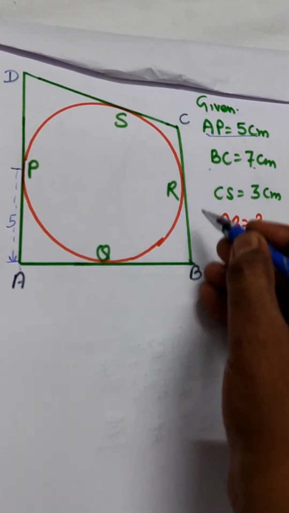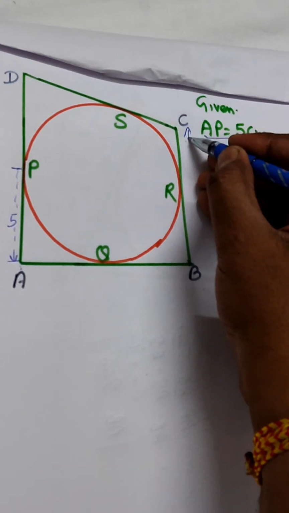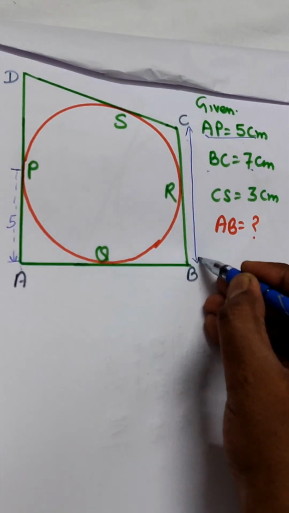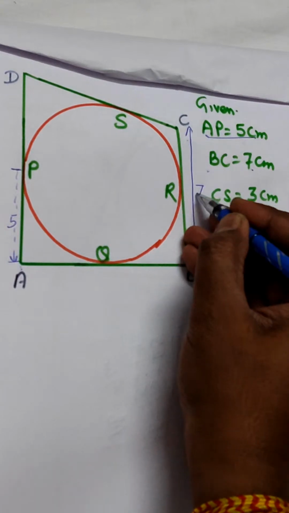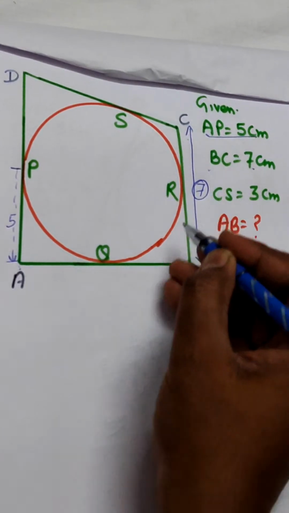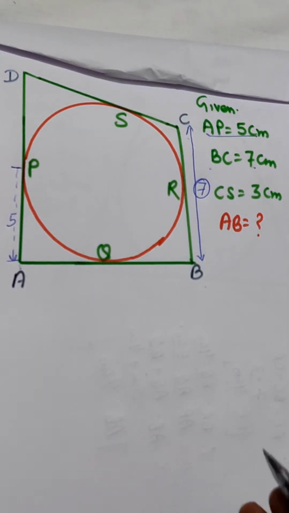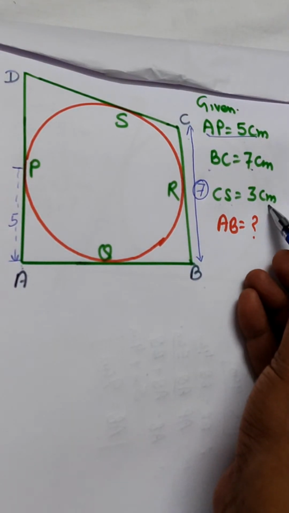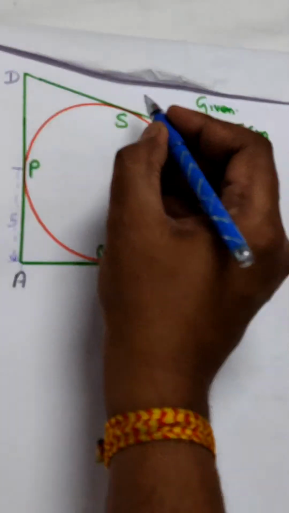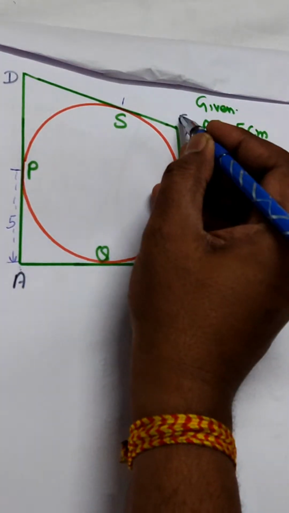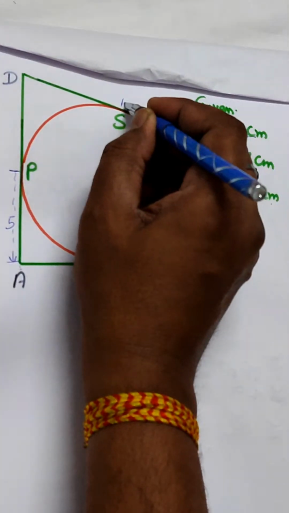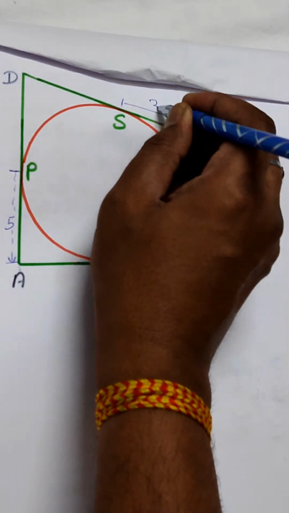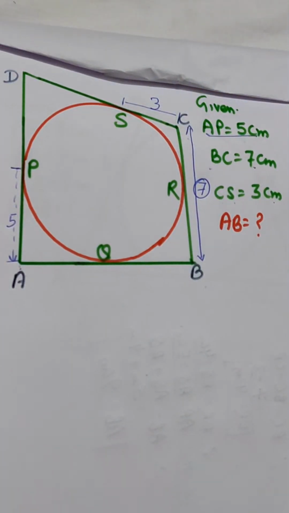So this length B to C is given to you, and this is equal to 7, right? And it's also given that CS is 3 centimeter. So C to S, this length is given to you as 3, right?